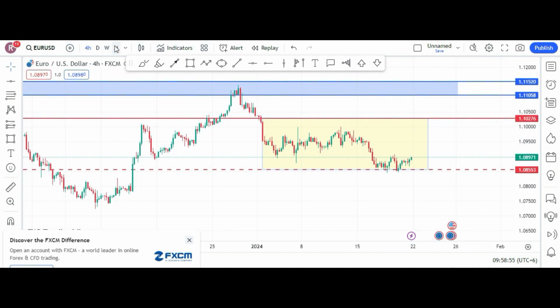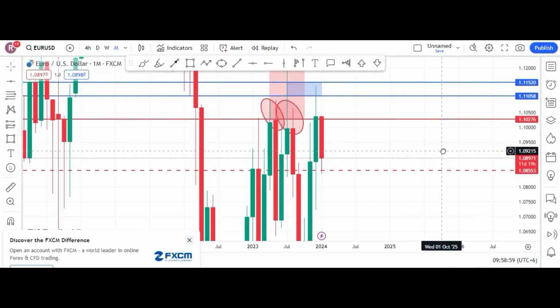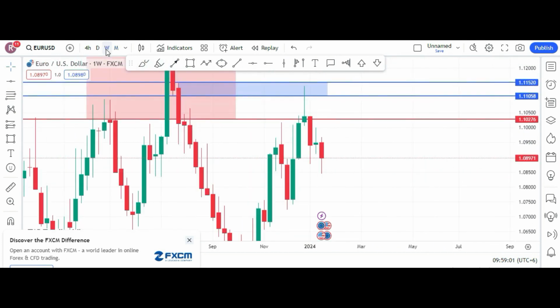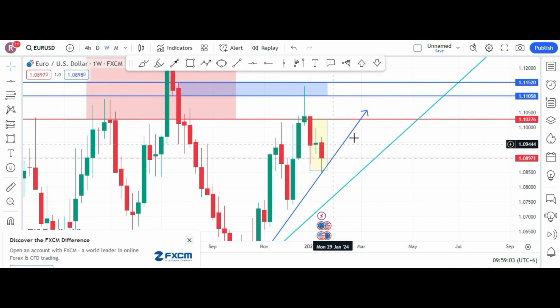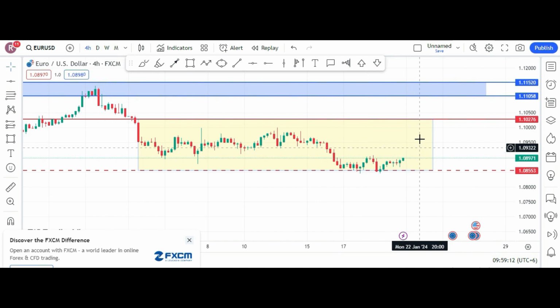If we go to monthly, we can see that, sorry, it is not visible in monthly. Weekly, you can see that this is the box I have drawn. Okay, let's go to 4 hour. So this is the area it needs to be.